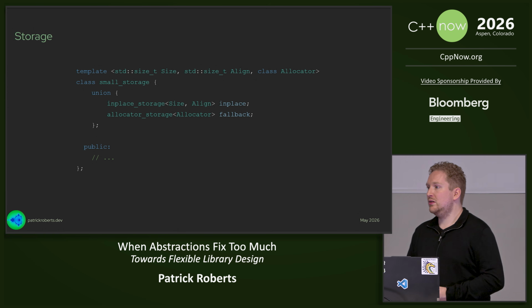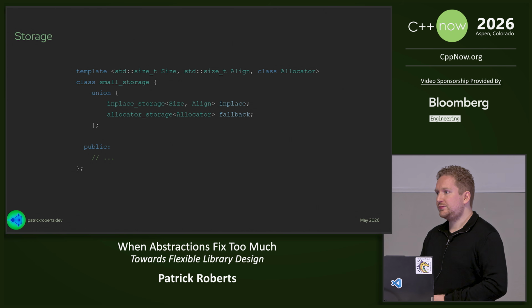Given that, from what I know of your stuff here, it's all constexpr friendly? Yes. There's an asterisk to that. The allocator storage is constexpr, the small storage is constexpr. In-place storage is not constexpr because you cannot do that as of C++26.